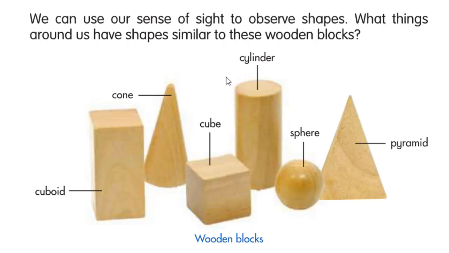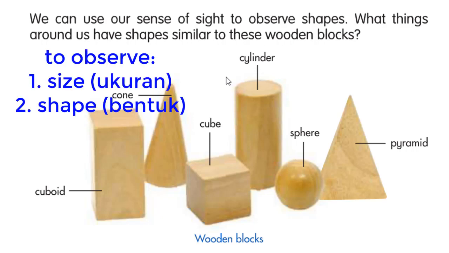Kita bisa melihat nih bentuk persegi panjang. Oke, yang second is cone. Ada yang kerucut, cube. Ada yang persegi 4. Cylinder, tabung. Sphere, bola, and pyramid itu bentuk dari limas. So we can use our sense of sight to observe shapes. Kita bisa menggunakan mata kita itu untuk mengamati bentuk. Yang pertama tadi ada size, yang kedua ada shapes.